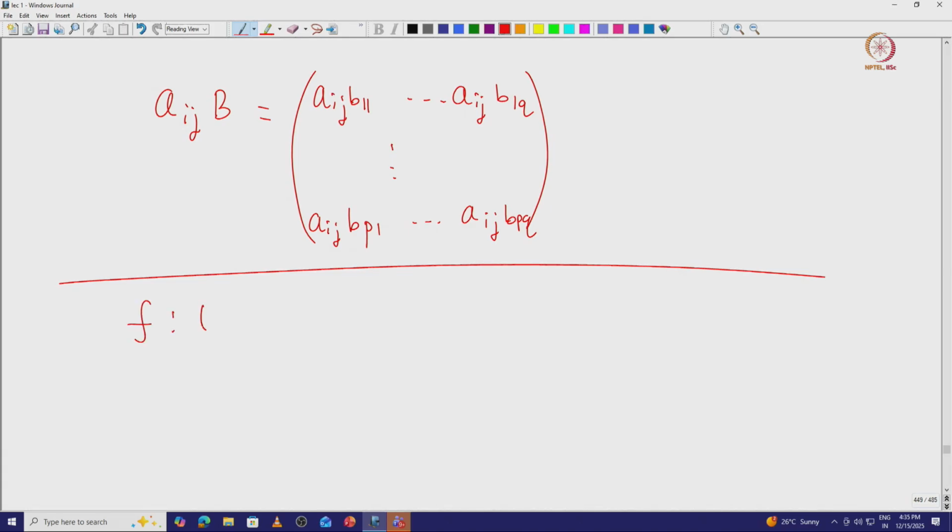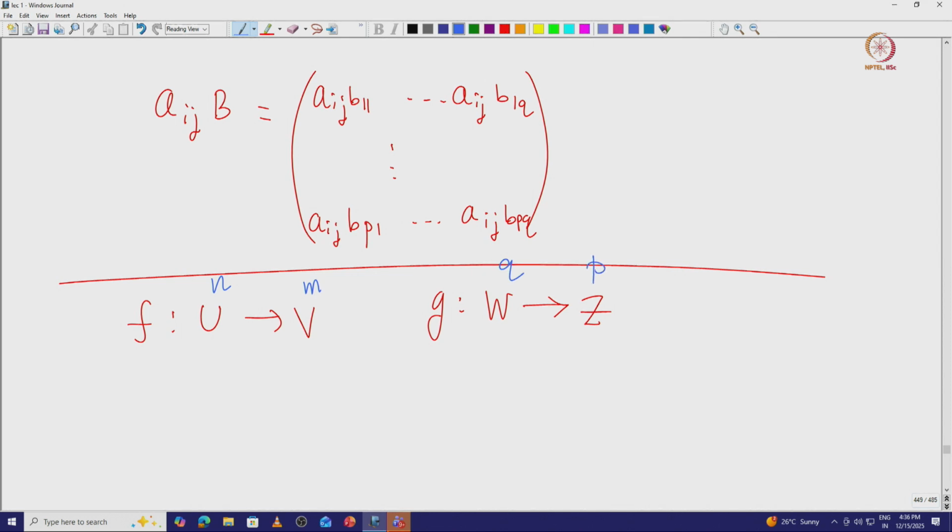Let us say f is from U to V, and we assume that the dimension of U is n and the dimension of V is m, and the map g is given from W to Z, where W has dimension Q and Z has dimension P.